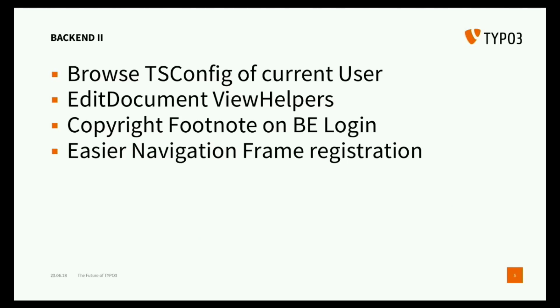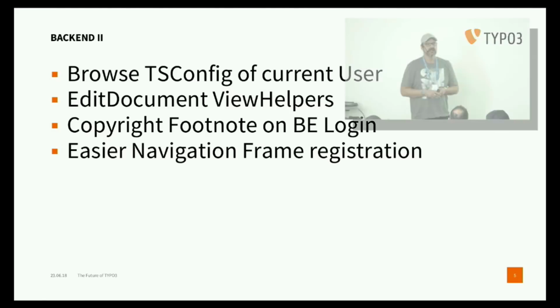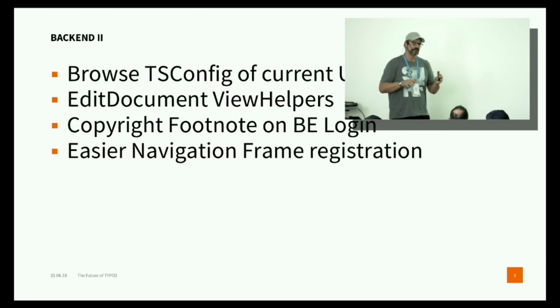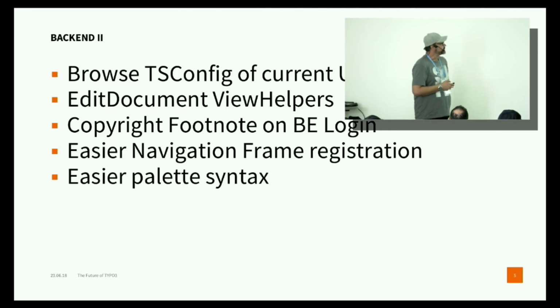Next thing we cleared up and made easier to use is registration of your own navigational components in backend modules. This was a bit tricky with navframe ID and a couple more things you needed to know, and it wasn't really straightforward, and we just streamlined that. So registering your own navigation component is pretty simple now.